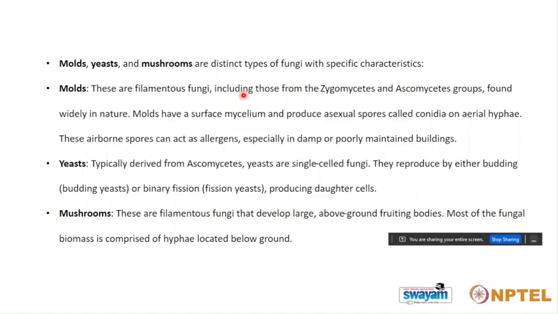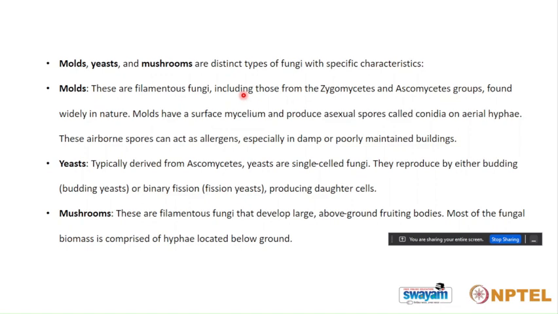This mode of reproduction is called budding reproduction. In the case of binary fission, one yeast cell will be separated into two daughter cells. This kind of reproduction is termed binary fission.